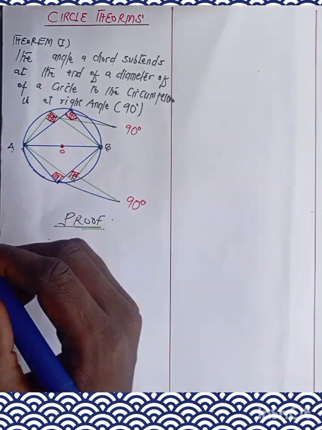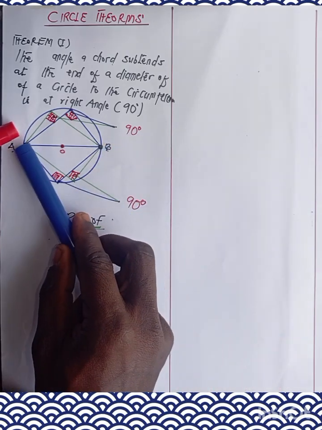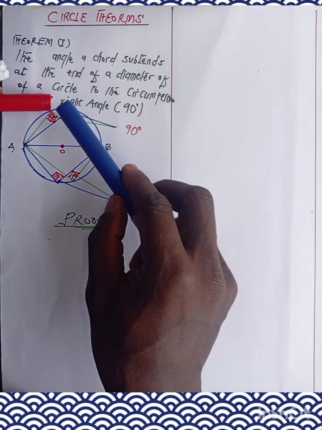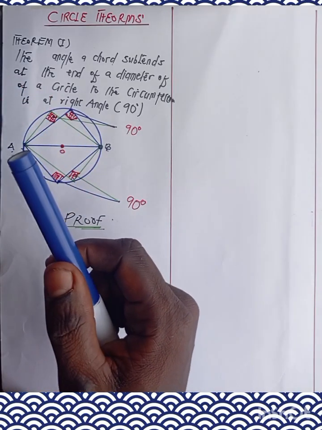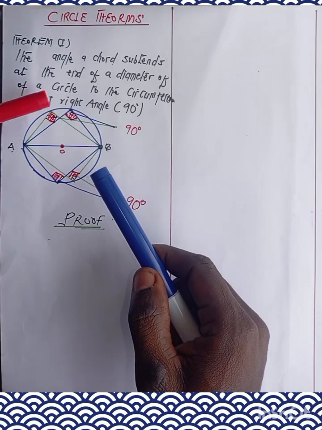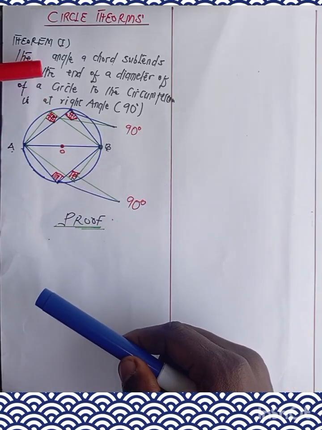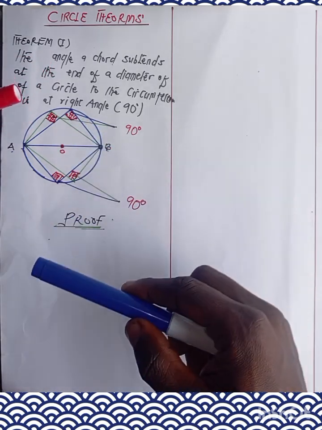So when a chord subtends from this end, which is A here, to the circumference, and then from B to the other circumference, the angle that they meet at is a right angle, and that's what? 90 degrees. But remember, it subtends at the ends of a diameter to any point of the circumference, whether top or down.